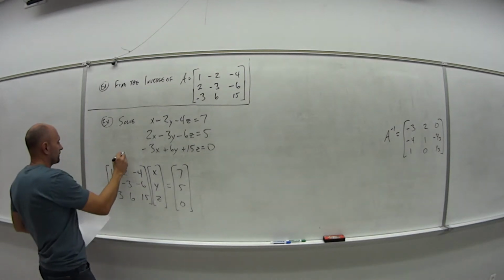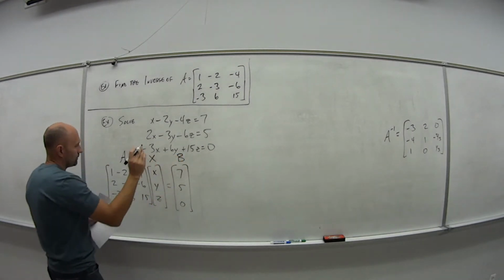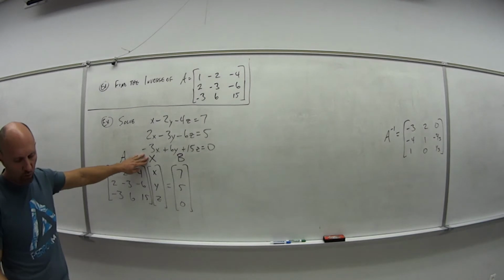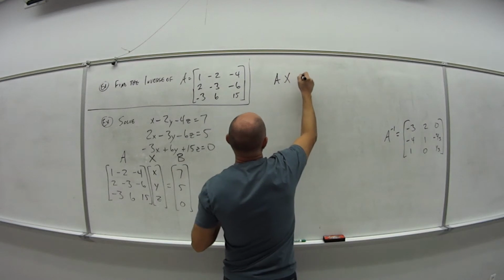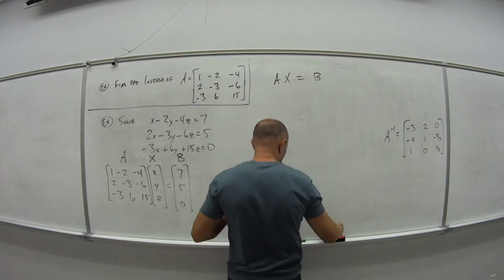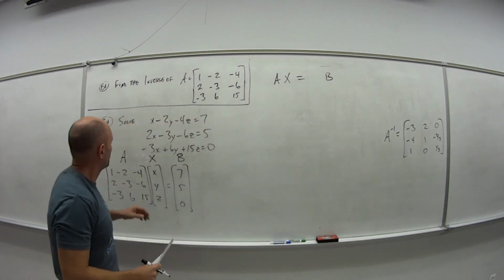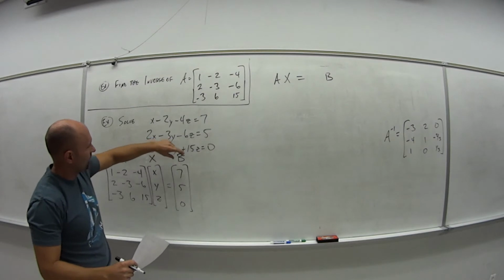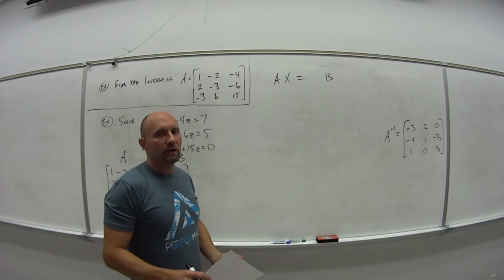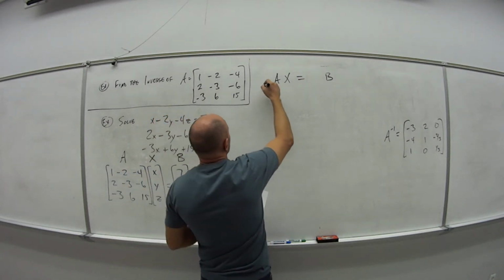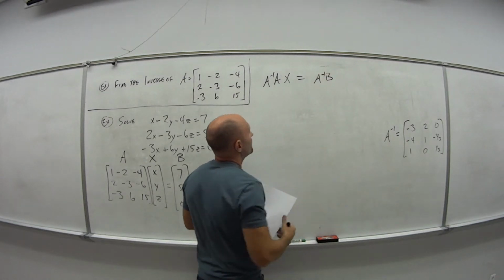So if I call this matrix A, and this matrix B, and I call this capital X, my unknown variables, that means I have A times X is equal to B. Using the inverse matrix, I multiply on the left here by the inverse matrix, and on the left over here by the inverse matrix.